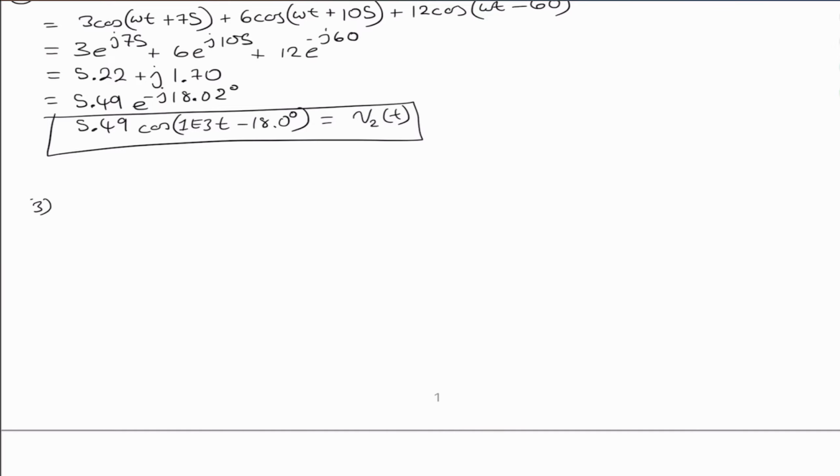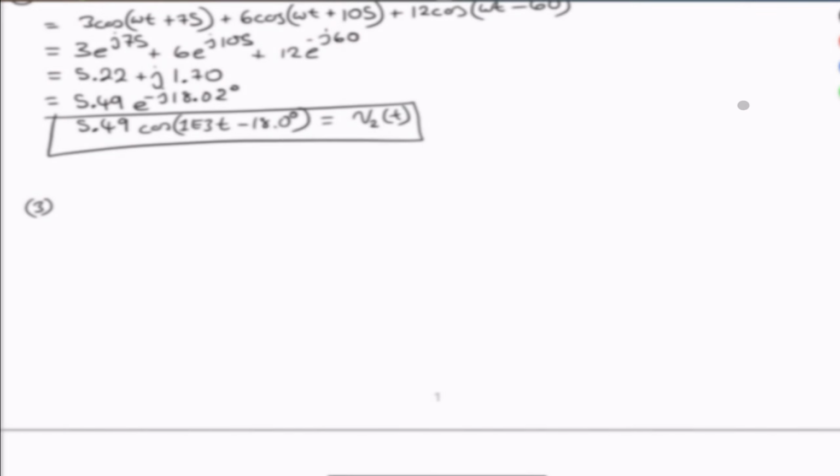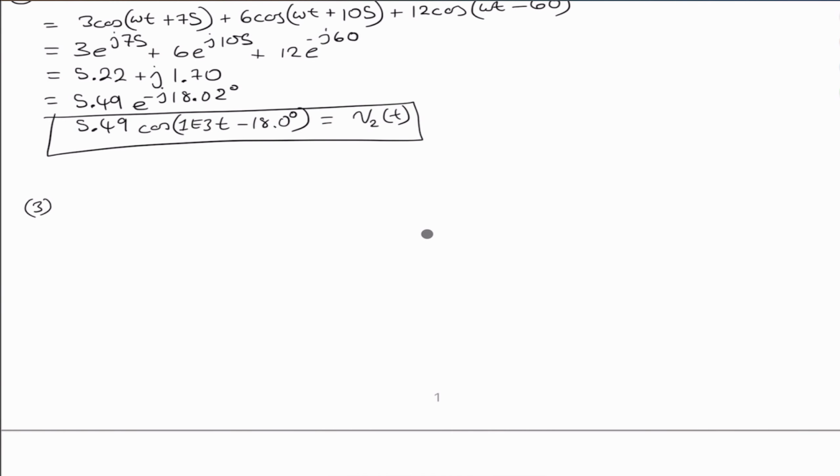So this is 3. So let's write our trigonometric identity first. So in our case here, we can say that cosine of x is equal to minus cosine of x plus or minus 180 degrees.